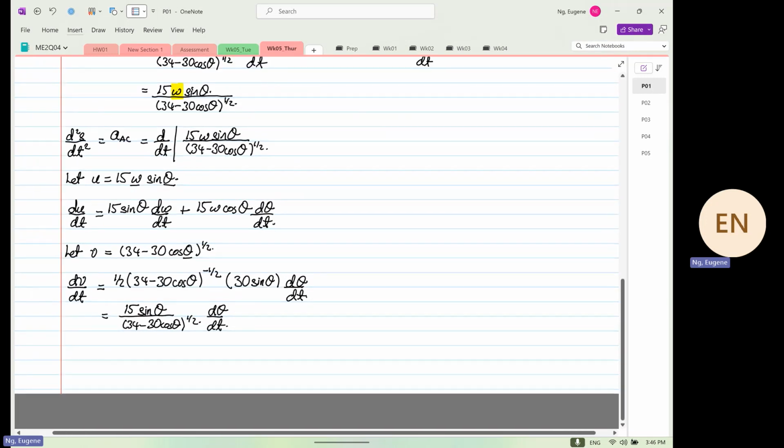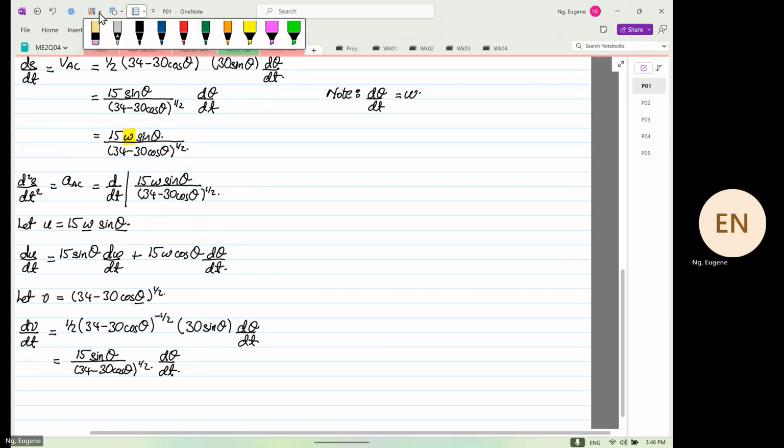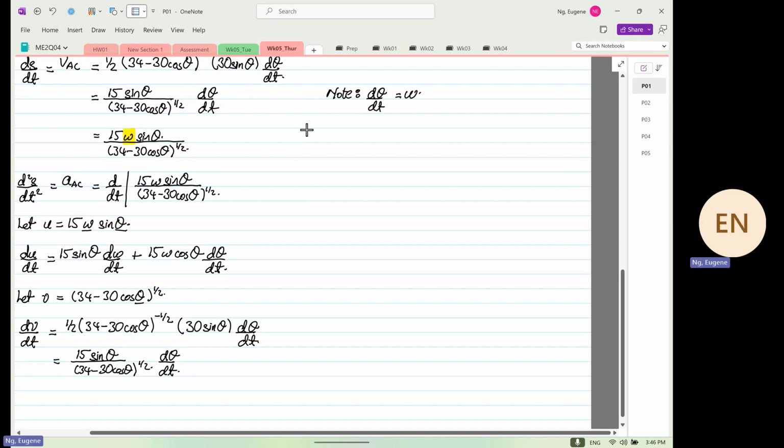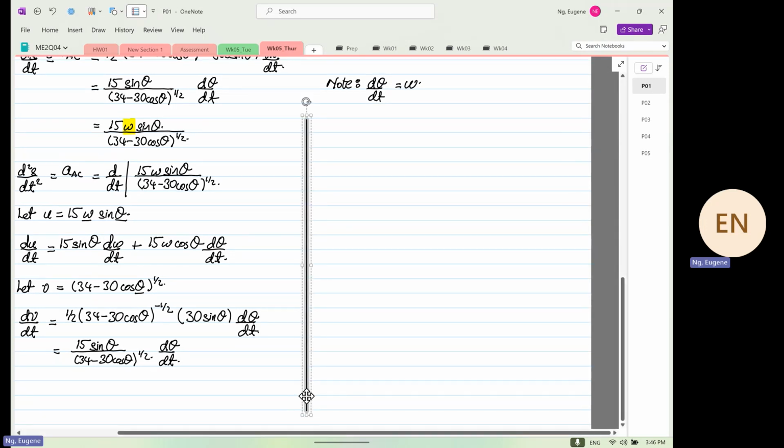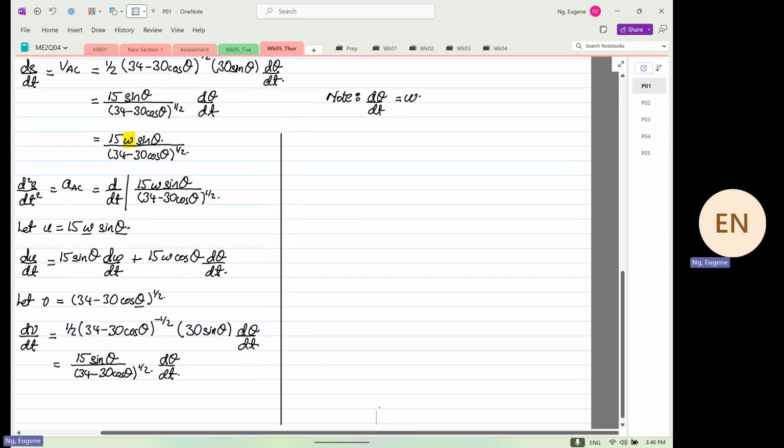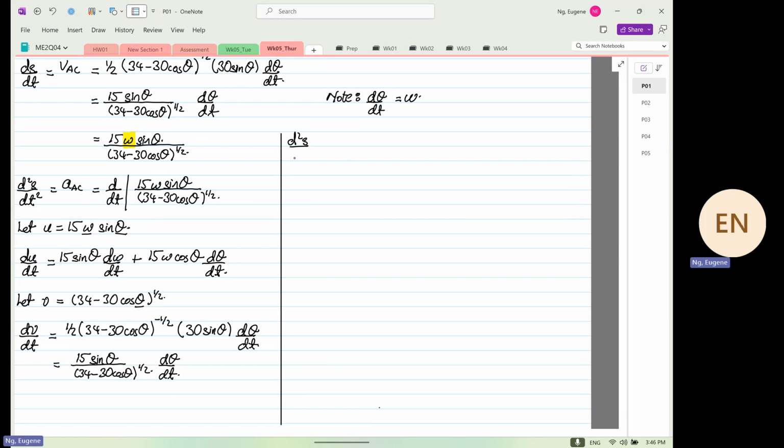So by now, we can now formulate d squared s over dt squared. This will be equal to v du by dt minus u dv over dt, divided by v squared.